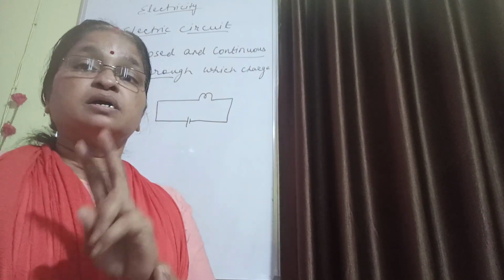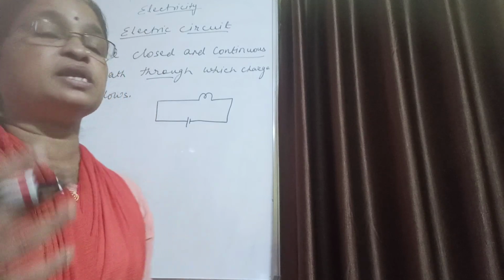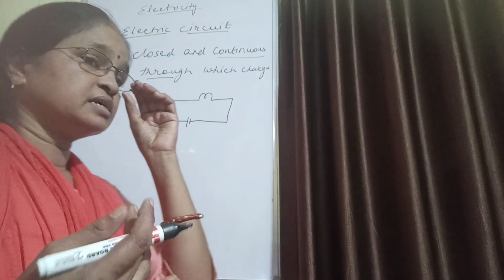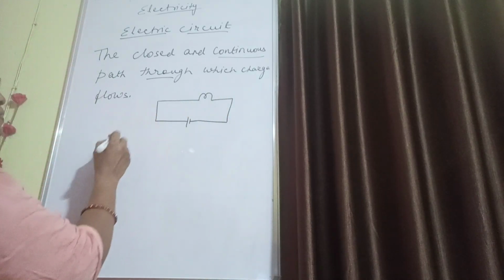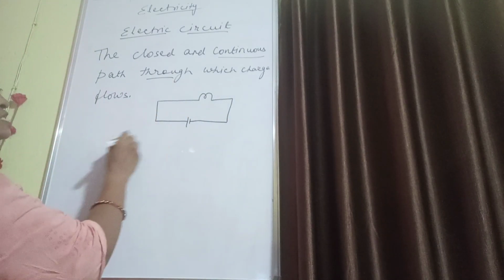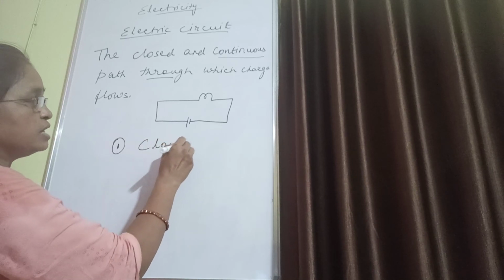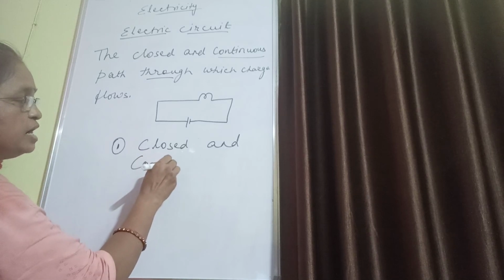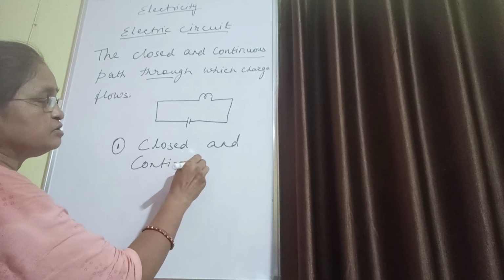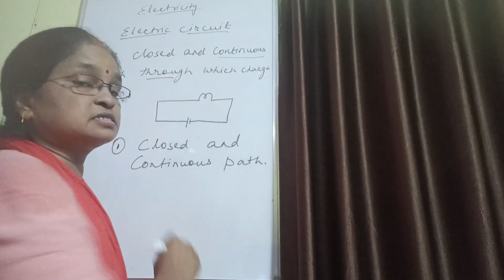But students, remember, there are two essential conditions, then only current flows. What are the two essential conditions? First, as you have just studied, a closed and continuous path. Then only the current will flow. So you need a circuit.